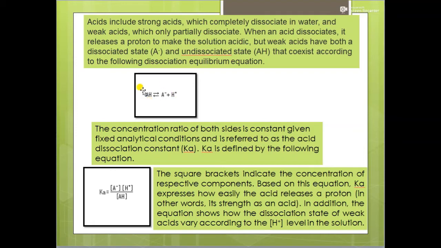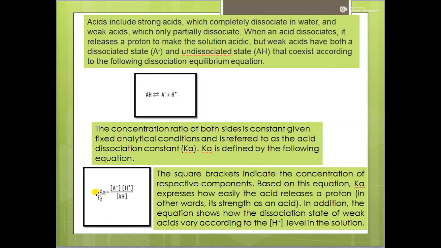A weak acid AH will also have the dissociated state A minus and H plus. The concentration ratio of both sides is a constant at fixed analytical conditions, and it is referred to as the acid dissociation constant.